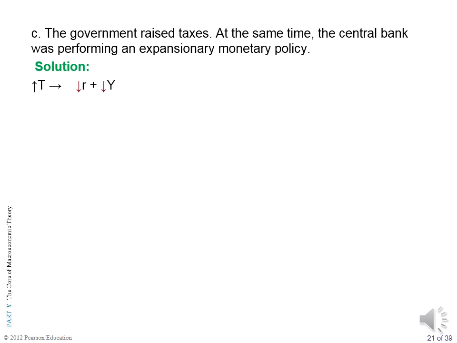On the other side, we have expansionary monetary policy, so Y will increase and R will decrease. So the final effect is that R should decrease, but the effect on Y will be inconclusive. We cannot tell if Y increases or decreases.